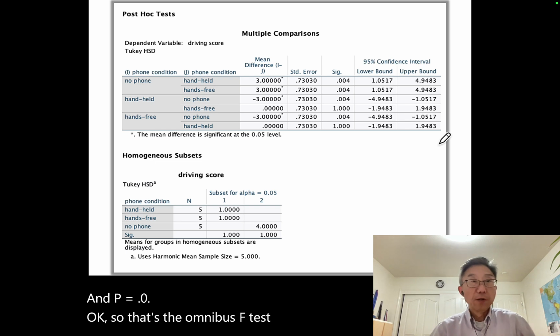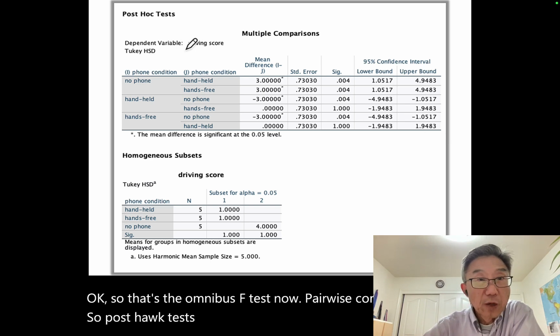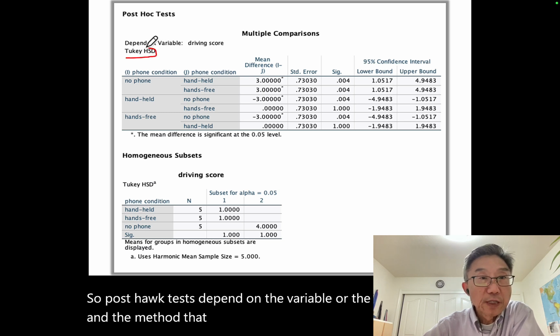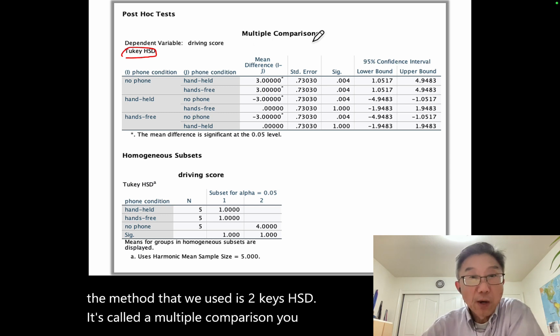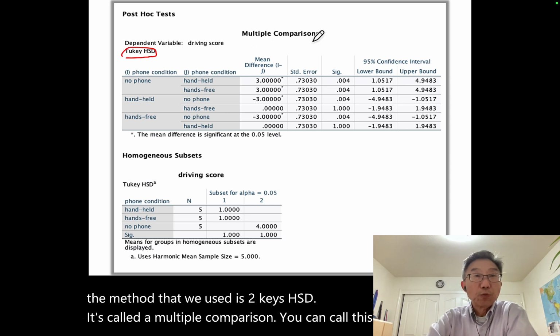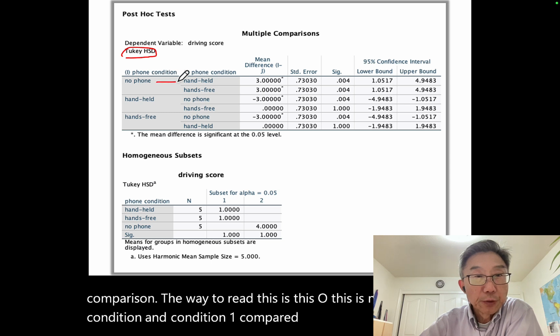Now, pairwise comparison. So post hoc tests, the dependent variable is the driving score, and the method that we used is Tukey's HSD. It's called a multiple comparison. You can call this pairwise comparison. The way to read this is this. So this is no phone condition, condition 1, compared to condition 2, right?